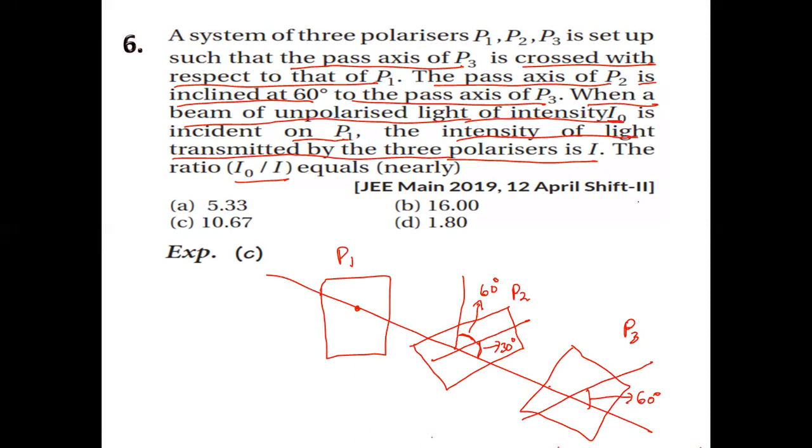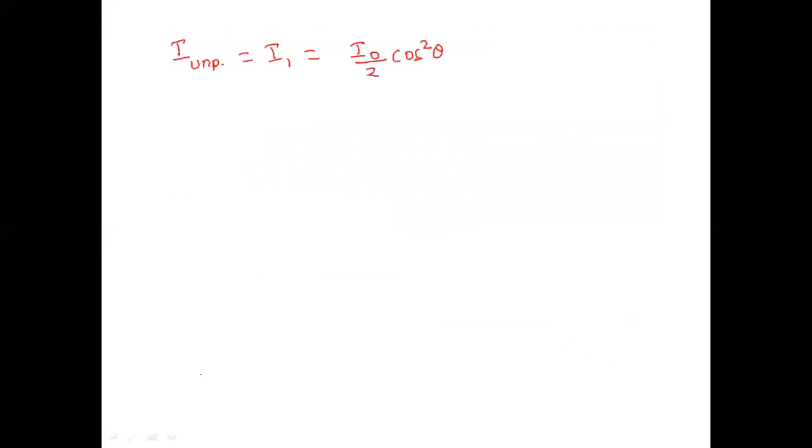For I1 to be maximum, theta will be 0. I1 is equal to I0 by 2. Call it equation 1.